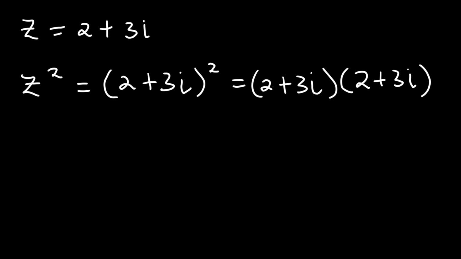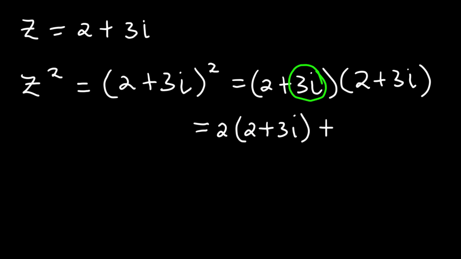And now what we need to do is expand this. We shall get 2 and multiply it by the second brackets. So this will be equal to 2 times 2 plus 3i, and then plus, now we shall get 3i and multiply it by the second brackets. So this will be 3i times 2 plus 3i.